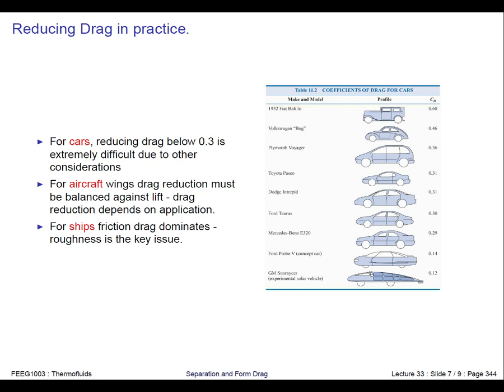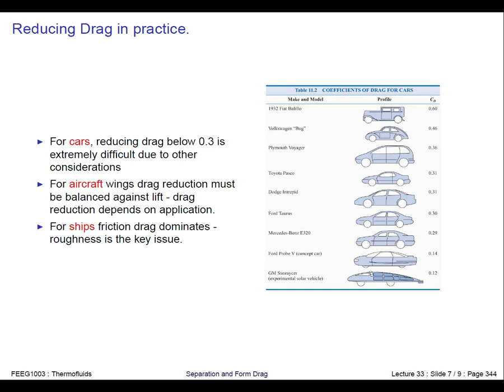And so on. And so for ships, pressure drag is effectively negligible due to this huge flat surface that you've got on ship hulls. So for ships, pressure drag is a non-issue, but roughness very much is.